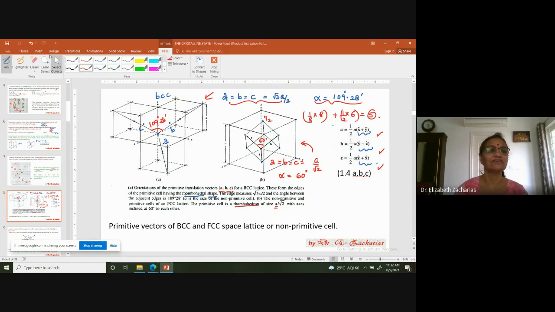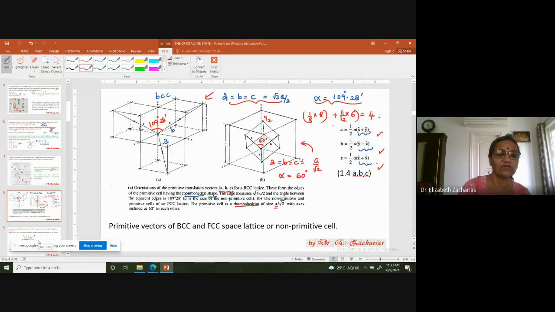Surprise, nobody pointed this out. So 1 by 8 into 8 are the 8 corners. And when you come to the face, one lattice point is shared by 2 such cells. So it is half into 6 because there are only 6 faces. So that makes it 4. This was a mistake I made. Later I suddenly remembered that I had said this to you.